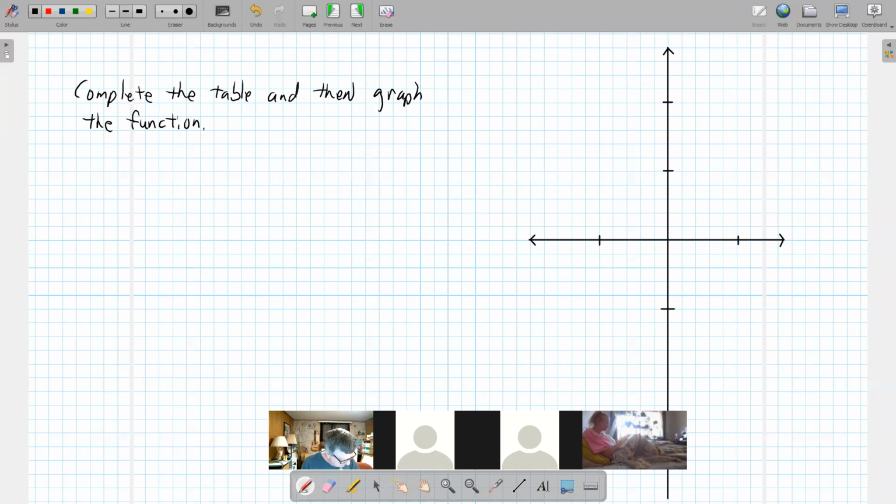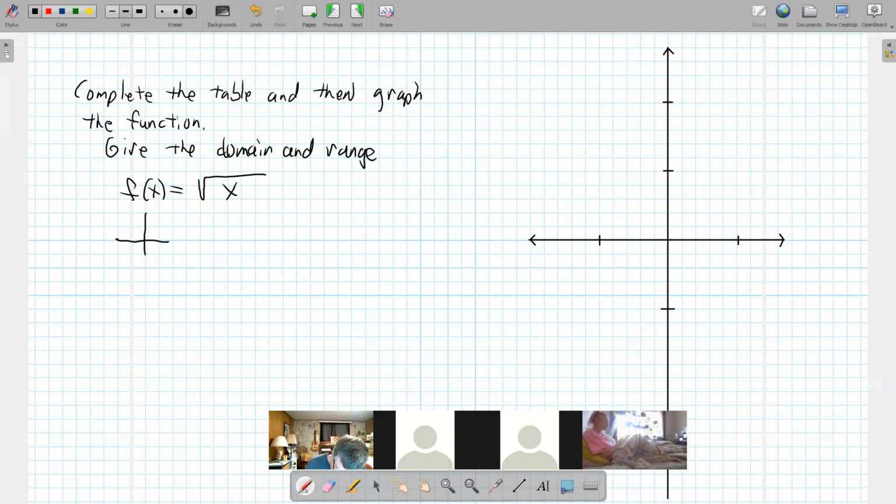And then it says give the domain and range. All right. And the function is f of x equals the square root of x.